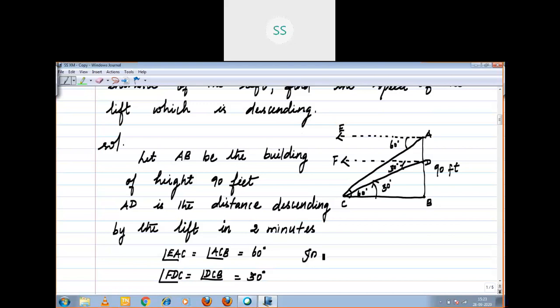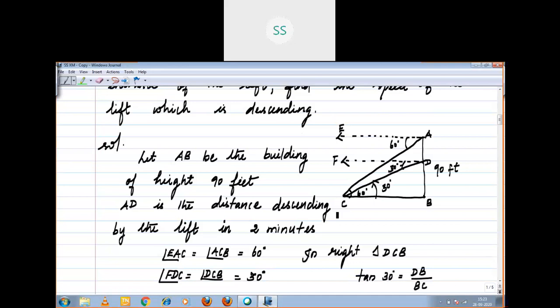In right triangle DCB, tan 30 degrees equals DB divided by BC. DB divided by what? BC.